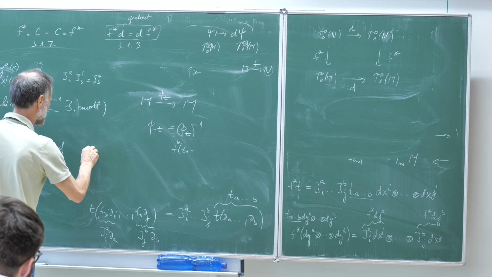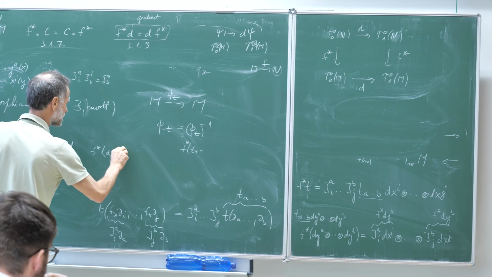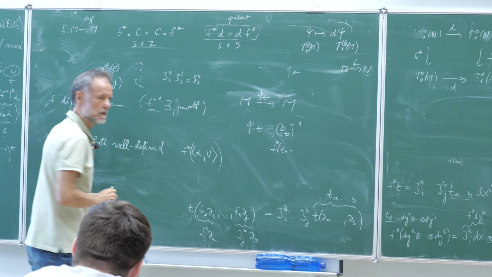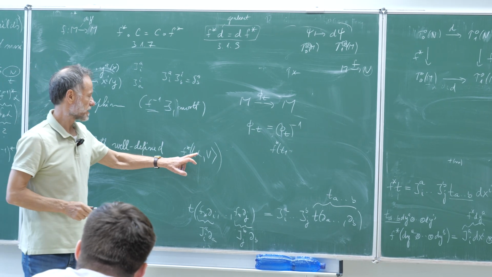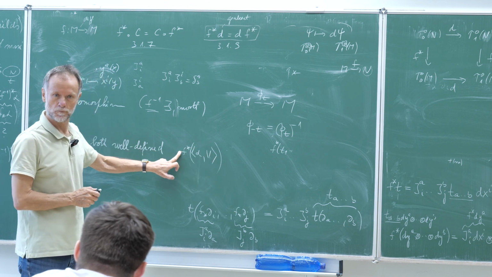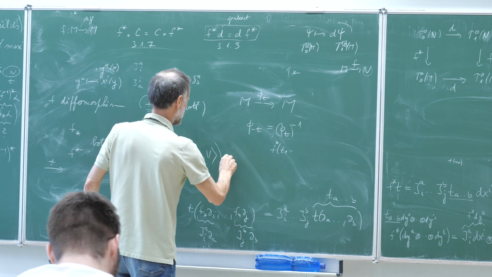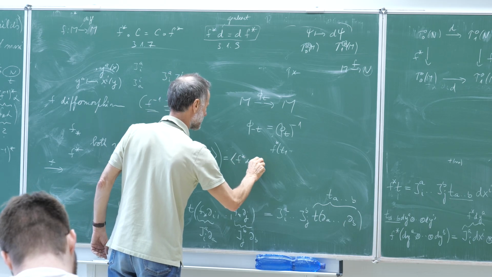Imagine that you pull back a covector on a vector. So you do a pullback of a function. Yes, you have a covector field and a vector field. This is a function, so you can pull back the function. Now you can pull back both covector fields and vector fields.